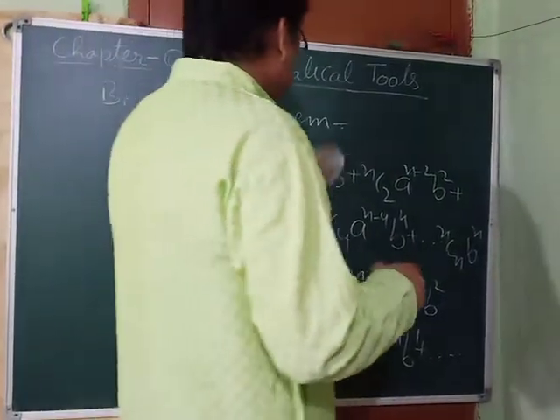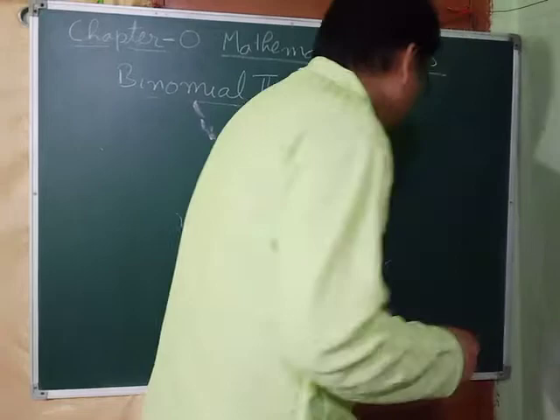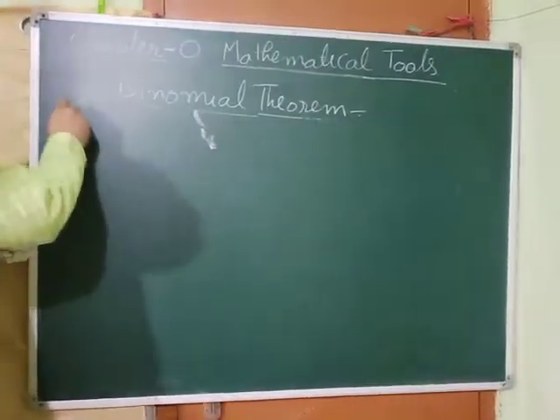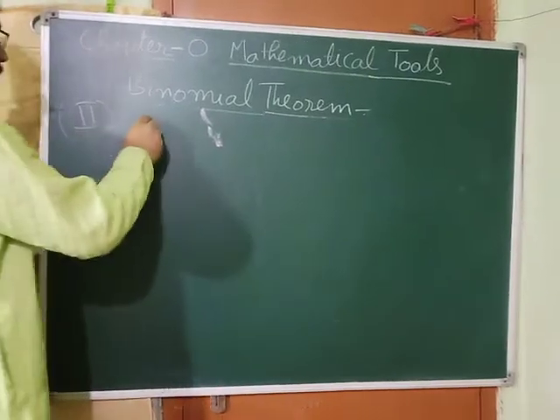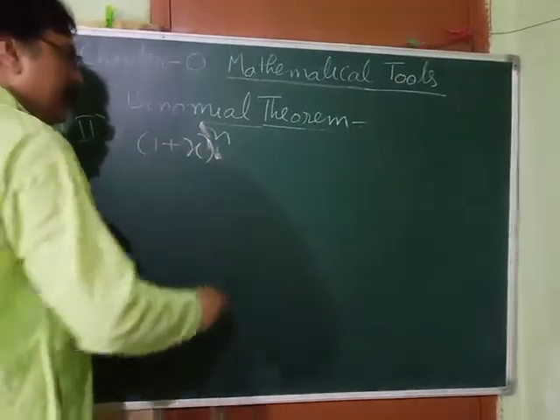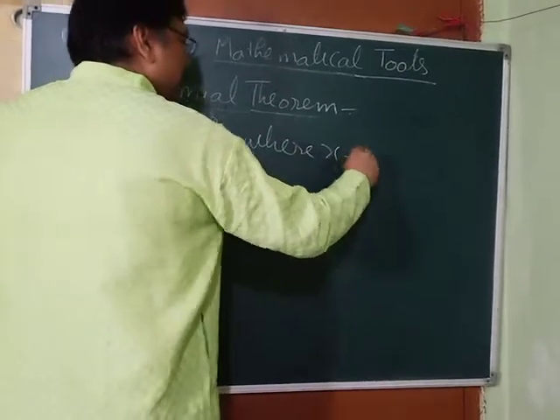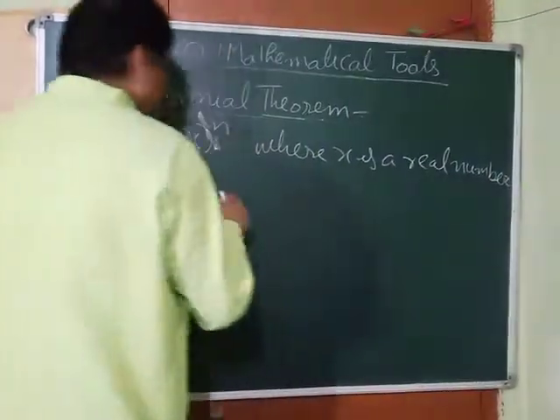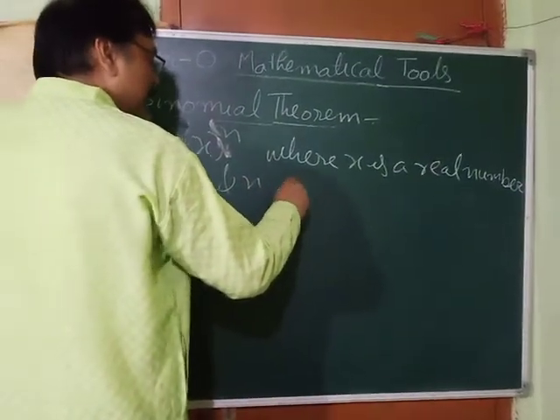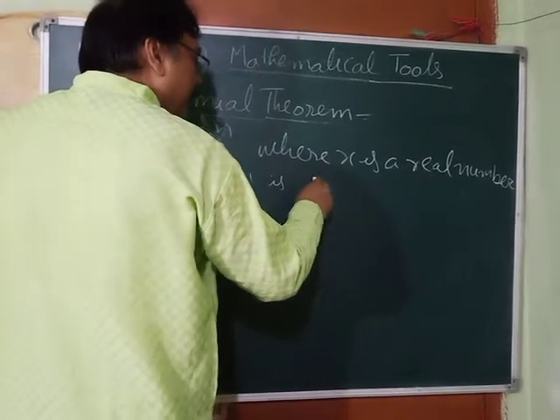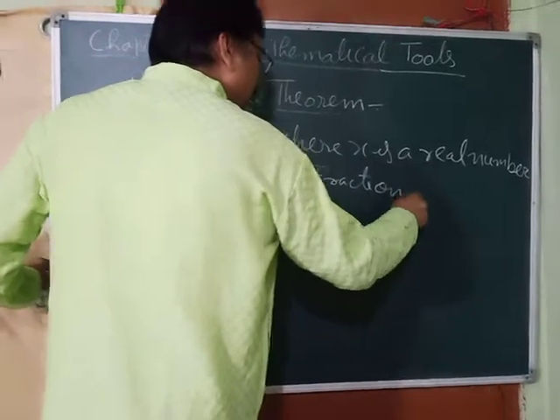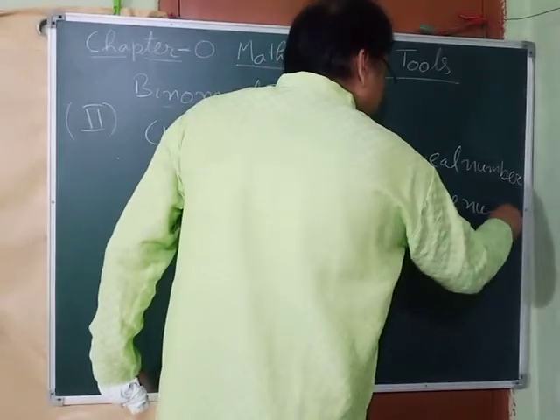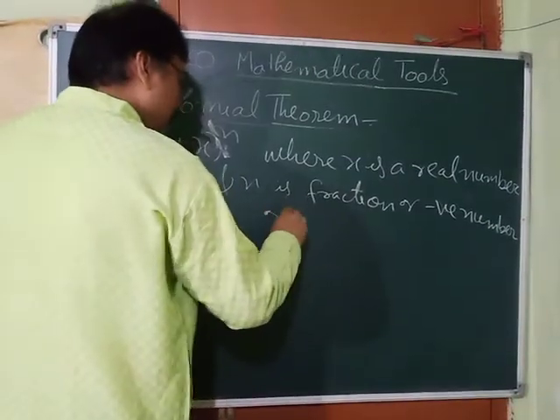Now the second part. Part 2: suppose (1 + x)^n is there, where x is a real number and n is a fraction, or a negative number, or a positive number.